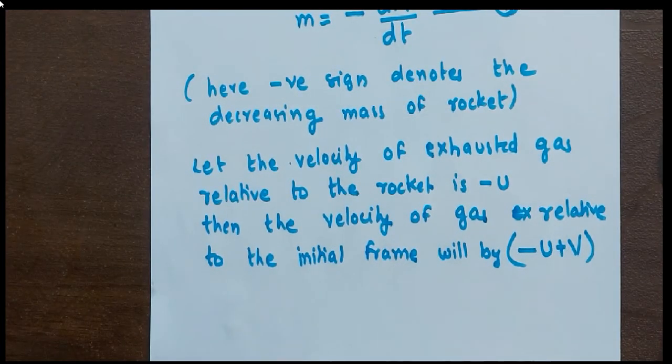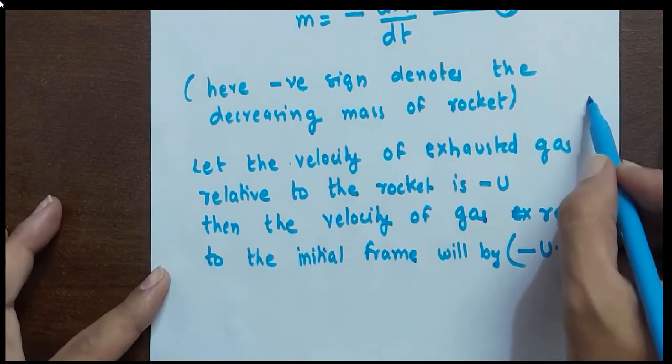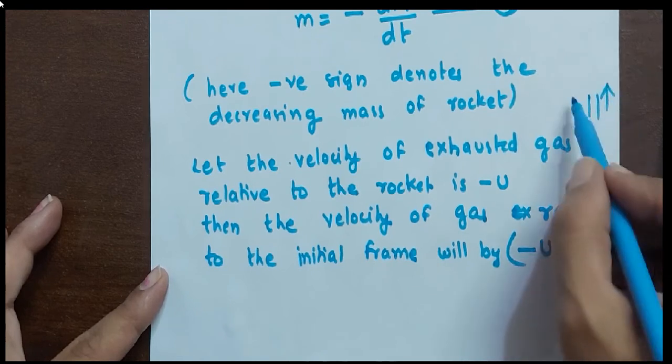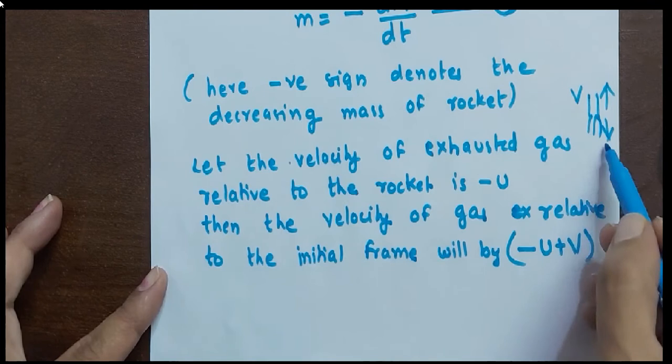If this is the rocket, it is moving with velocity v in the upward direction, and the exhausted gas is moving in the downward direction, hence the minus sign.